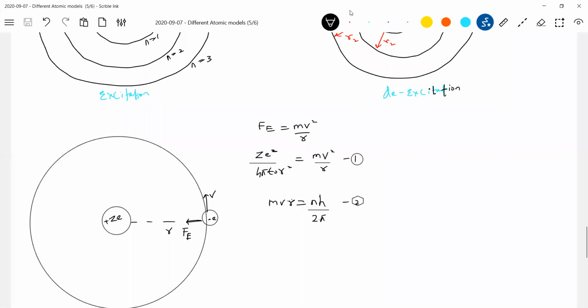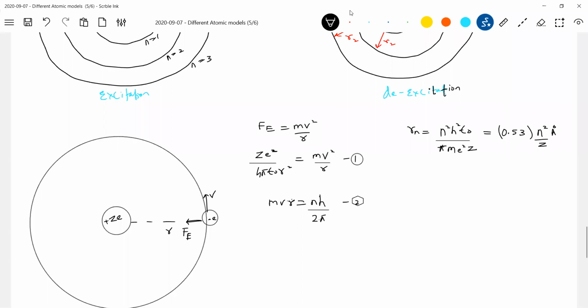The expression first, we'll go for the radius. The radius of the nth Bohr orbit is given by n squared h squared epsilon naught over pi times the mass of the electron times e squared Z. Some constants are there; we'll rearrange this and everything becomes 0.53 n squared over Z, the charge of the nucleus, in angstroms.